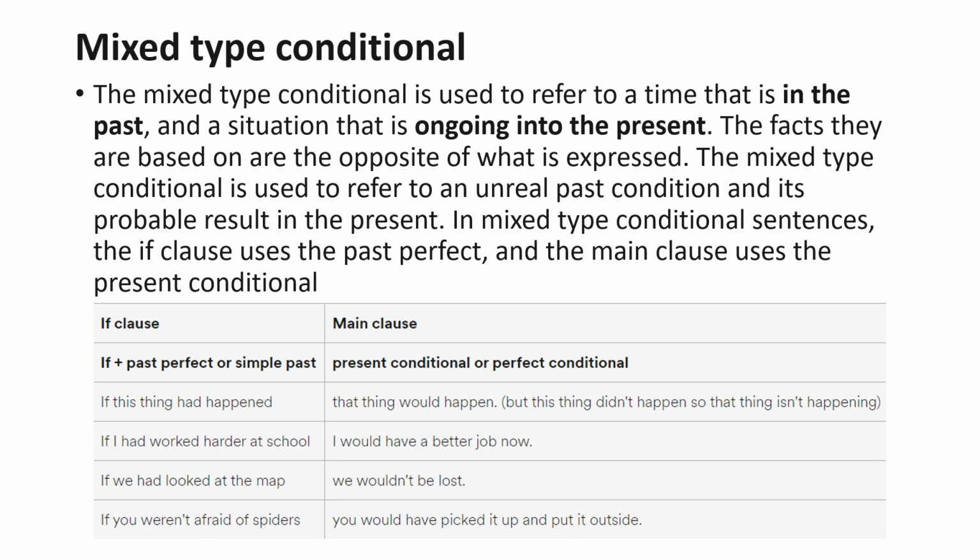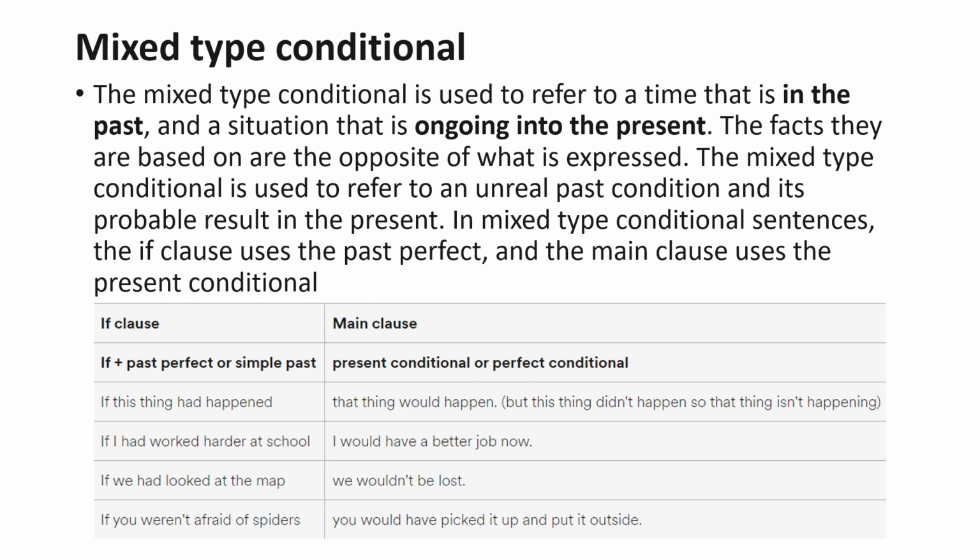In the mixed type conditional sentences, the if clause uses the past perfect and the main clause uses the present conditional. So with the if clause we use the past perfect or simple past, and in the main clause the present conditional or perfect conditional.